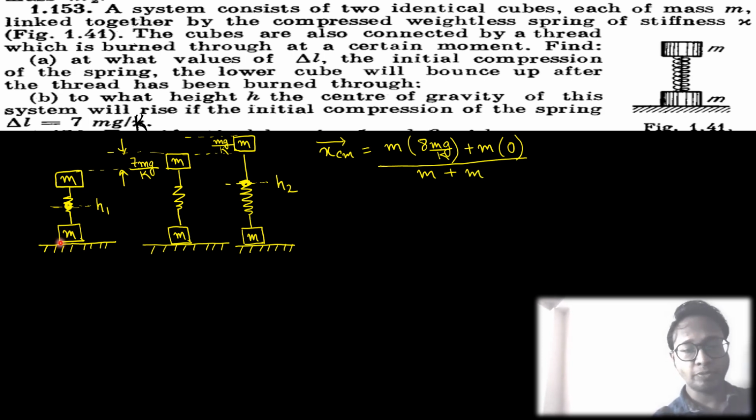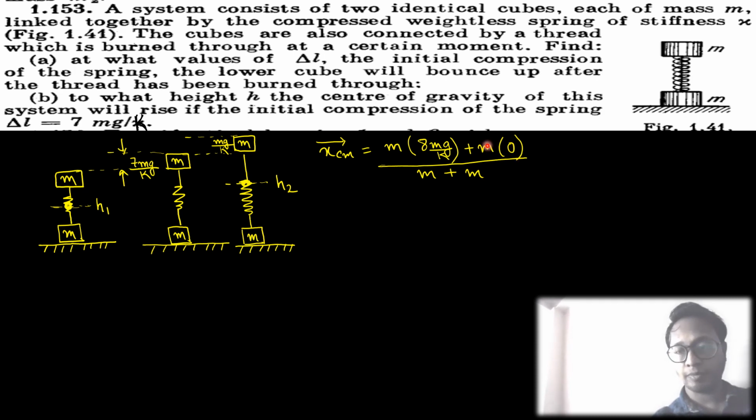So the displacement of center of mass is mass of upper body into displacement of upper body, 8 mg by k, plus mass of lower body into displacement of lower body, divided by mass of upper body plus mass of lower body. See, from this position to this position, the displacement of lower body is 0.